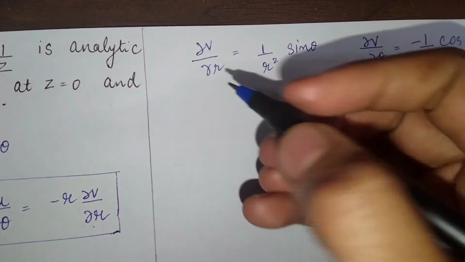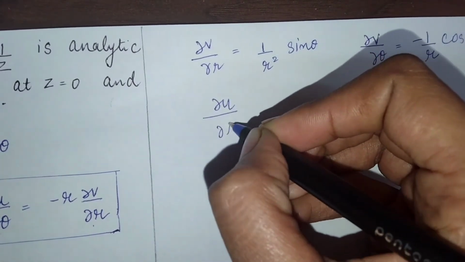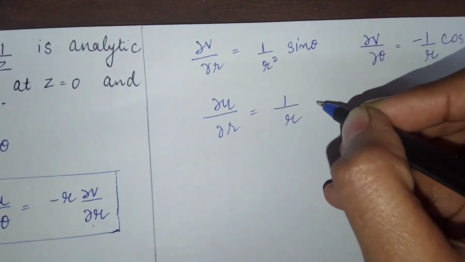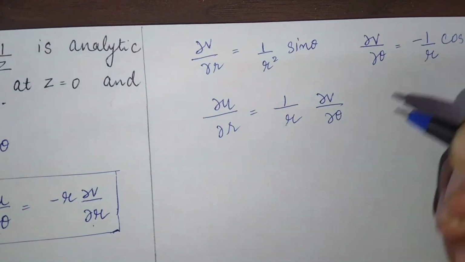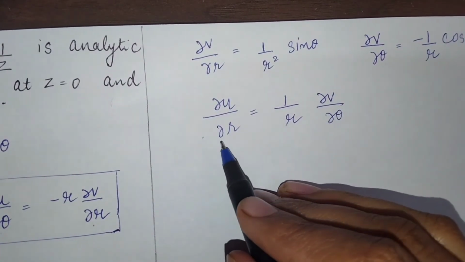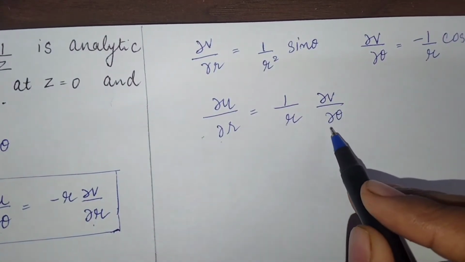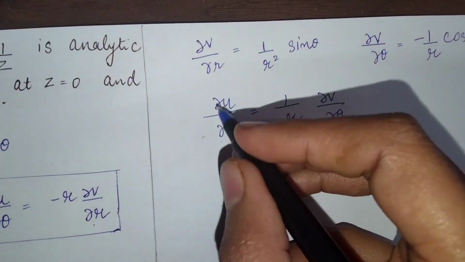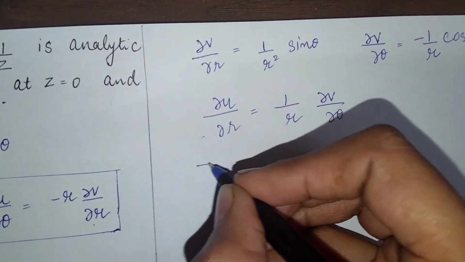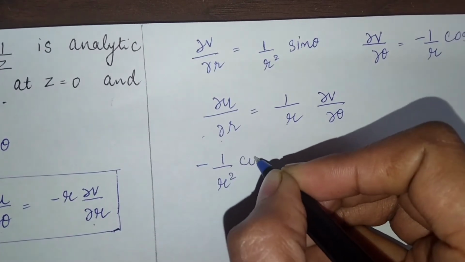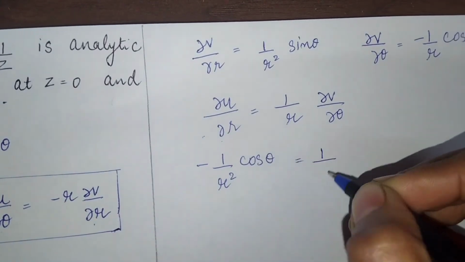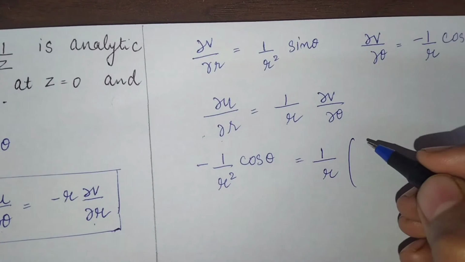Okay? So let us check the condition, that is del u by del r should be equal to 1 by r del v by del theta. Let us put the values of del u by del r and del v by del theta and check. What is the value of del u by del r? Minus 1 by r square into cos theta is equal to 1 by r, and what is the value of del v by del theta?